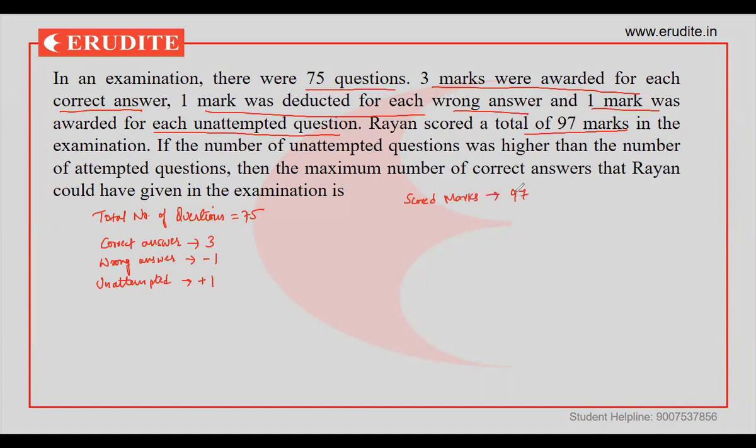97. In the example, if the number of the unattempted questions was higher than the number of the attempted questions, so unattempted questions are higher than attempted questions.